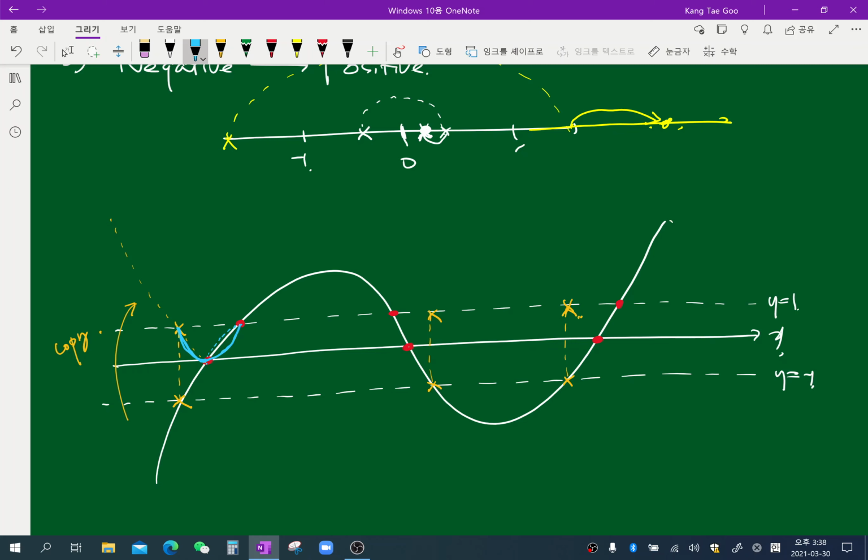It must go closer to the origin. But above y is 1, it goes further away from the origin, so that it goes up like this. If I continue to draw that, then around here we have a maximum. Minimum goes to be maximum.